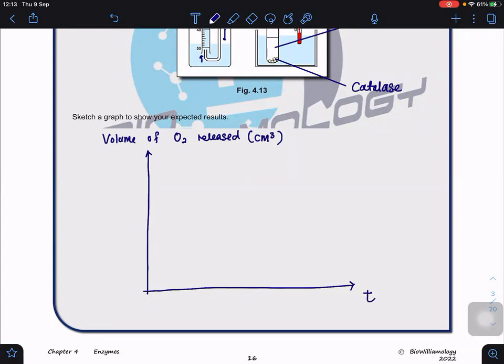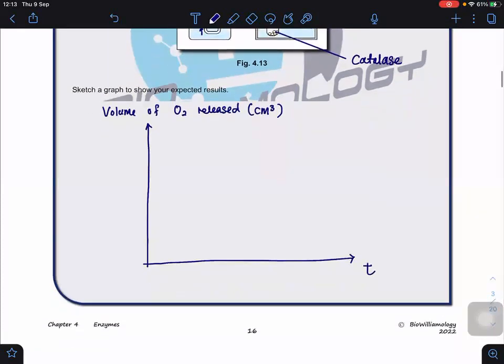Okay. So what do you expect your graph to be? Because the initial rate of reaction is always higher, you tend to get a curve. But we do know that after a certain period of time the enzymatic reaction stops because there is no more substrate.